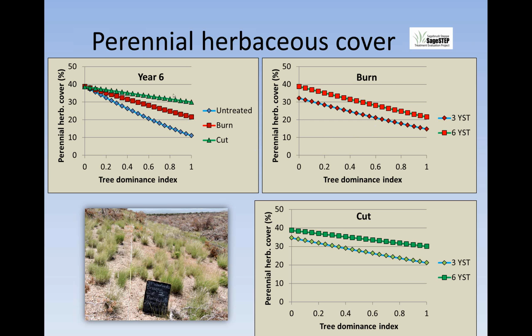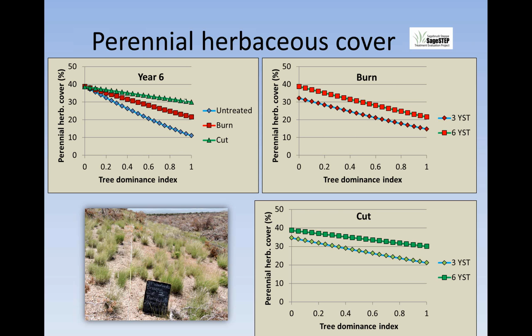The cut, on the other hand, had an increased perennial herbaceous cover, and you got the biggest increase at the highest pre-treatment tree dominance. So that surprised us. These perennial herbaceous, mainly tall grasses, were coming back quite well even at phase 3 pre-treatment tree covers.